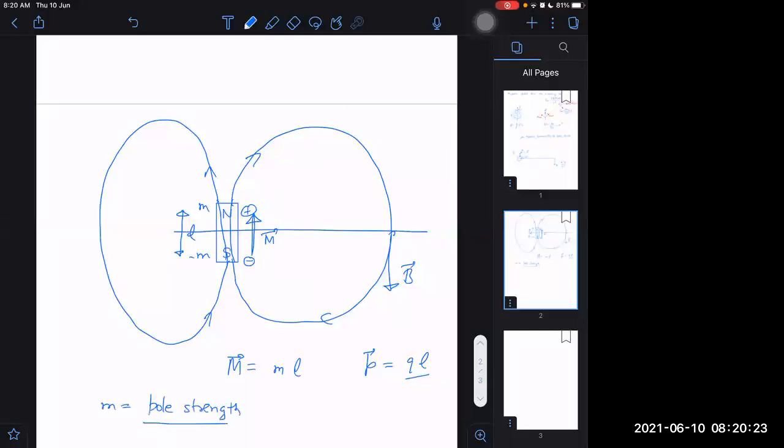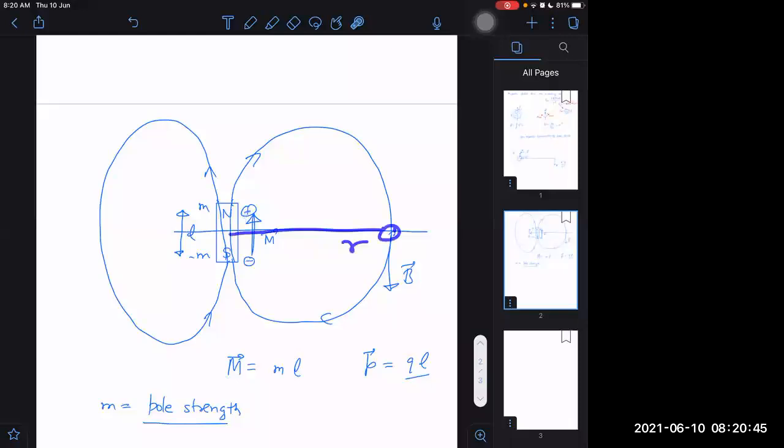So how do we define this? First, we find out the magnetic moment and we know the length of this. Then magnetic moment per unit length we can define as pole strength. Now you may ask me, how do you find out the magnetic dipole moment? There are different ways. One way is experimental. How? Find out the field here at a distance r.